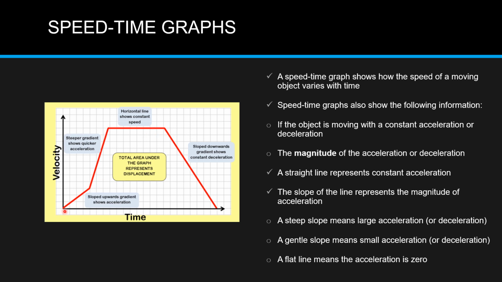And here at the start, initially, the line is a bit shallow. However, after that it becomes a very steep straight line. So the steep slope means that it has a very large acceleration or deceleration. However, the shallow line shows that it has a smaller acceleration value.